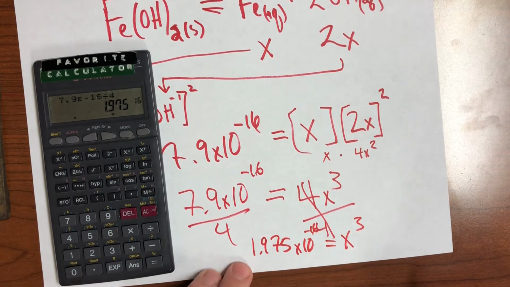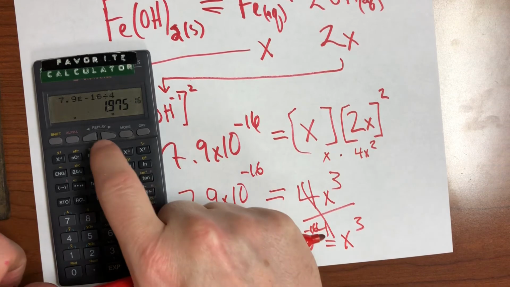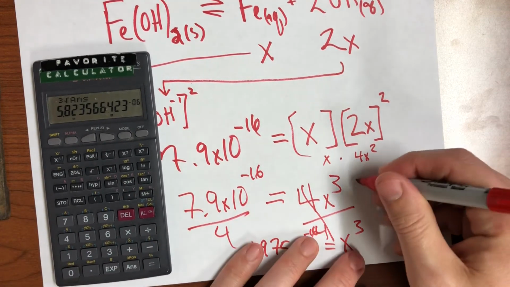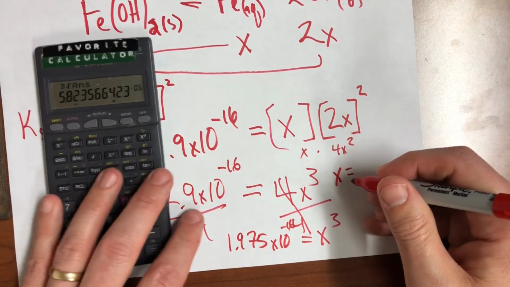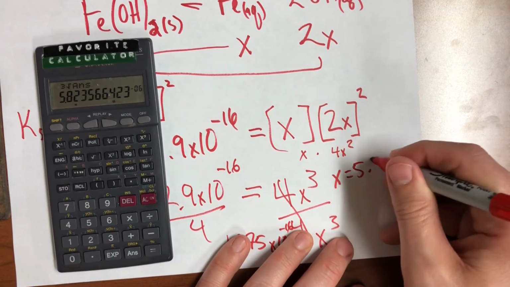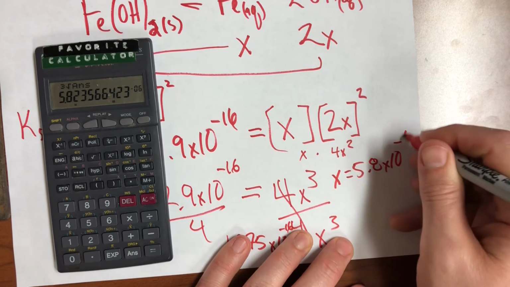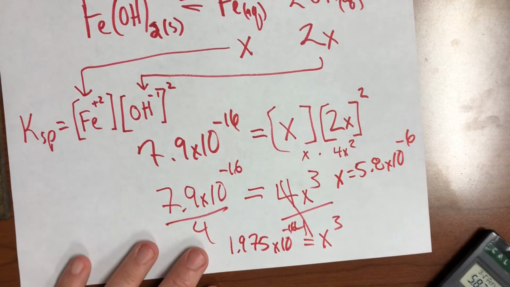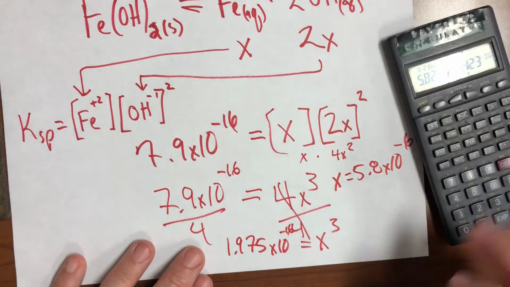Getting kind of messy here. So we need to take a cubed root there. Fortunately I have a cubed root button, so this will be quick and easy. So X now is 5.8 times 10 to the negative 6th. So what that means is exactly what it says.